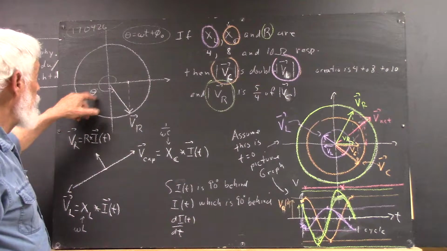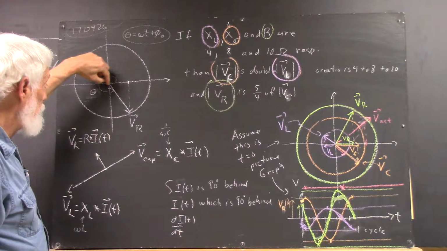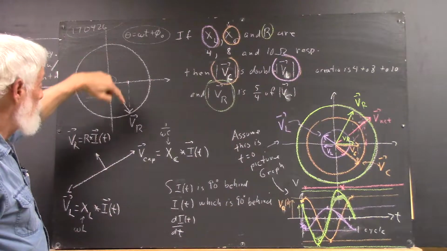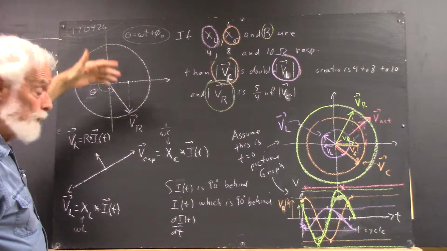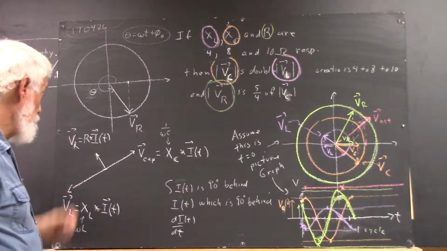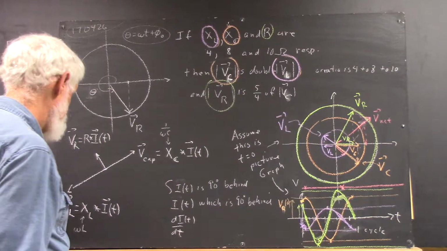And if this is theta for a given t, then this displacement here, which is positive in this case, is going to be the maximum voltage times the cosine of theta. Now we'll say more about that, but let's just see what happens as theta changes.